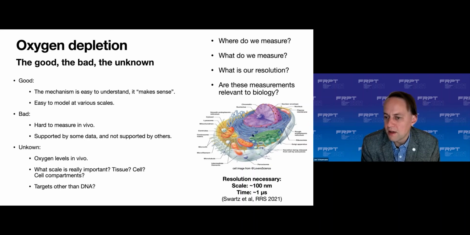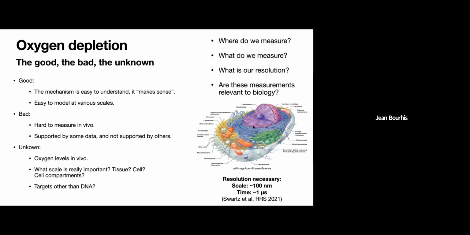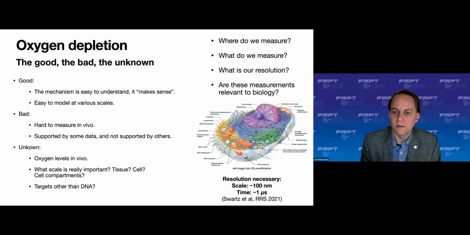And so if you say that your oxygen concentration at the nucleus is what really matters, or at the mitochondria, then these may be two completely different things. And if you really want to resolve these things, you may need very high resolution in both scale and in time to really understand what the different mechanisms are. And that is why modeling is key.